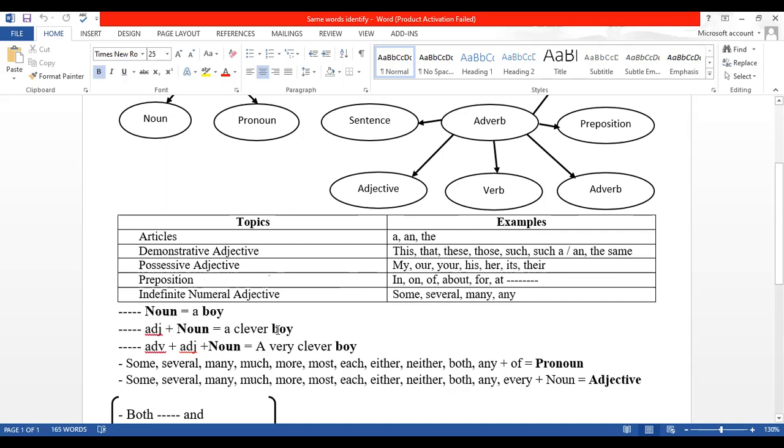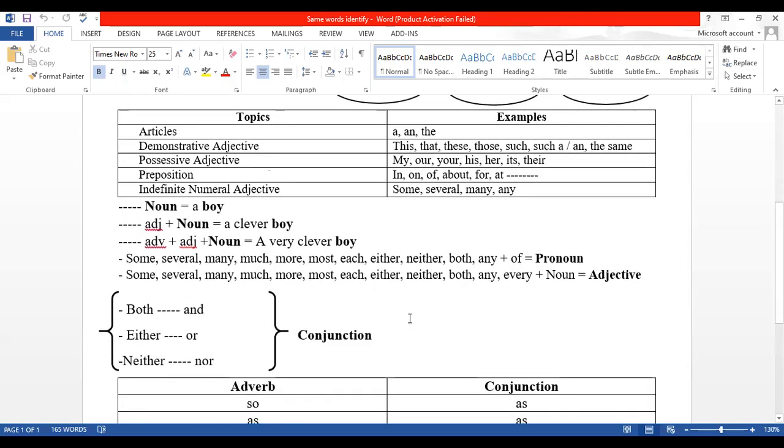Suppose a clever boy. Here, clever is an adjective and boy is a noun. If you get 3 words, then the first word will be an adverb, the second word will be an adjective, and the third word will be a noun, just like this. Very clever boy. Here, very is an adverb, clever an adjective, and boy a noun.